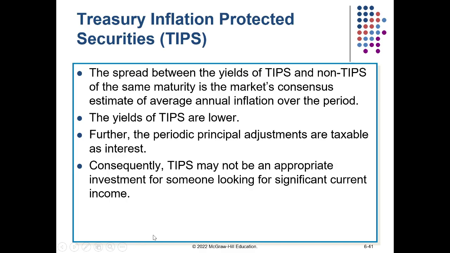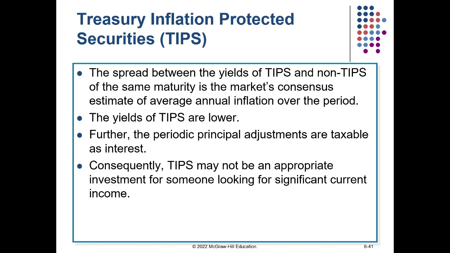So the key thing here is to remember you have to adjust the principal every 6 months based on the inflation rate. The spread between the yields of TIPS and non-TIPS of the same maturity is the market's consensus estimate of average annual inflation over the period.